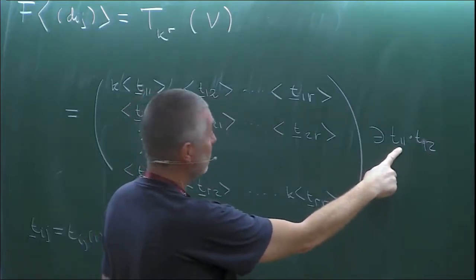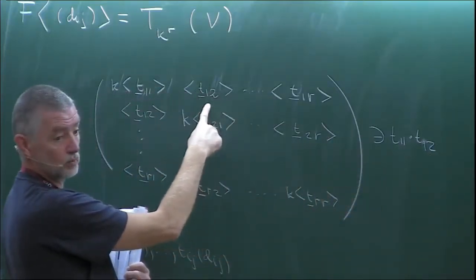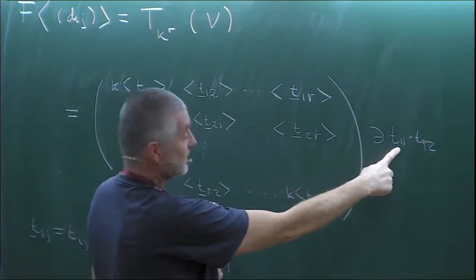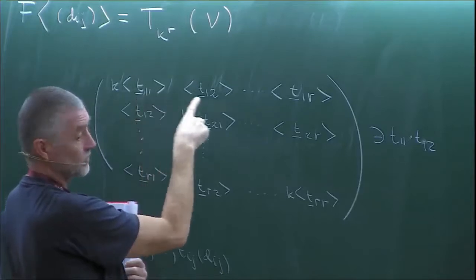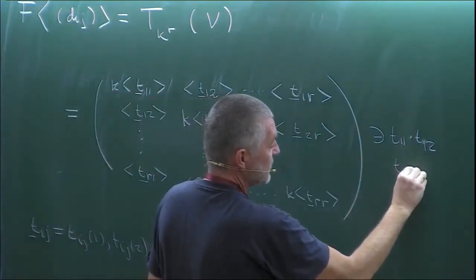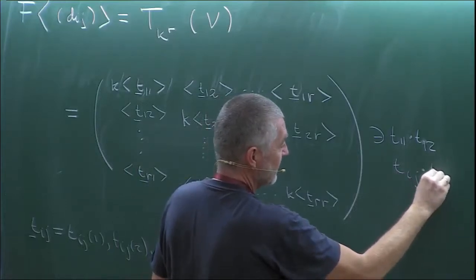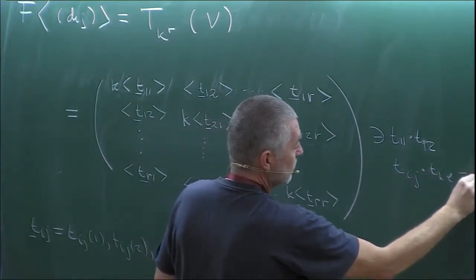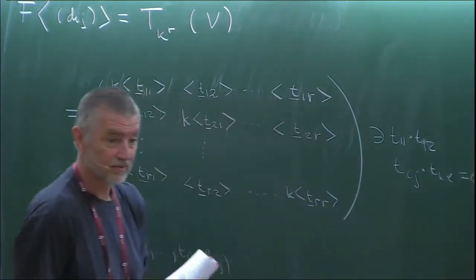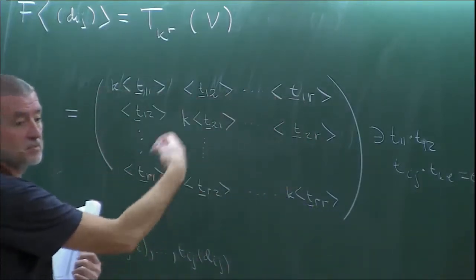This is an element lying down in T12, because it really means the matrix with T11 there and T12 there. And also we have to define that Tij times Tkl is 0 when k is different from l. So we multiply them exactly as matrix elements.